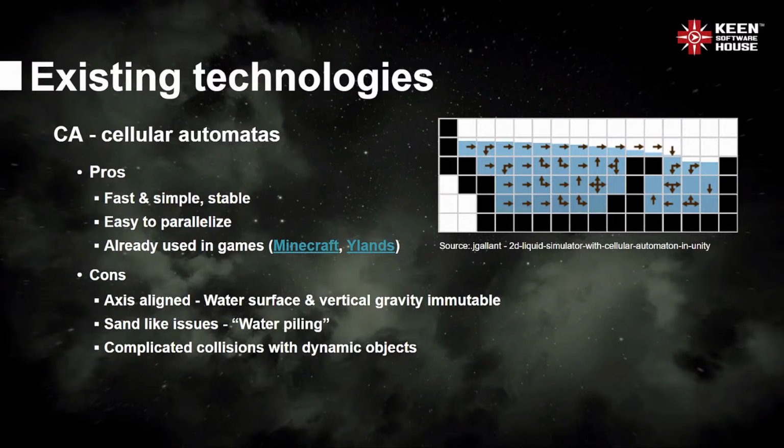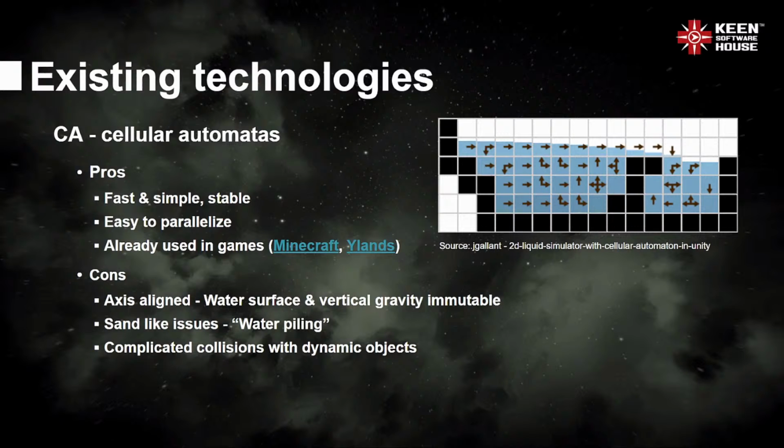This kind of simulation is very easy to understand, easy to visualize and debug, and is also fast and stable. By stable, I mean that water is not boiling randomly and pieces of water are not firing outside the screen. It's a nice and easy algorithm. It's also used in some games already, like Minecraft or Islands.